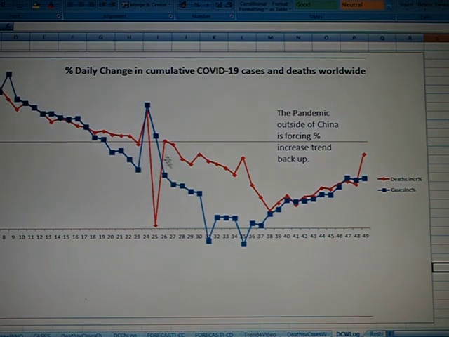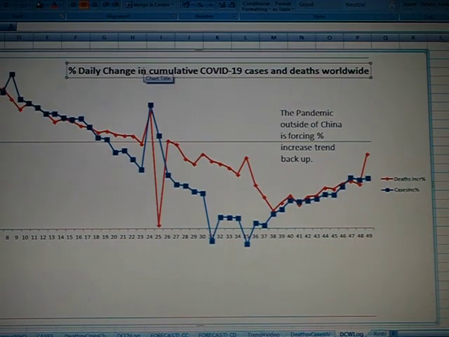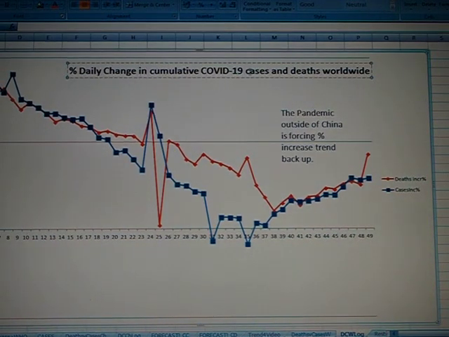Just one last look. Daily change in cumulative COVID-19 cases and deaths worldwide. Because of the fall in the China rate, the world's cases were increasing at less than 1% a day, the deaths increasing down to about 2% a day.